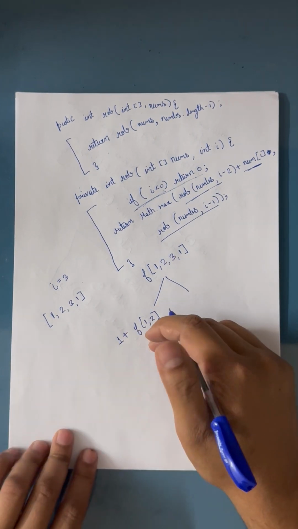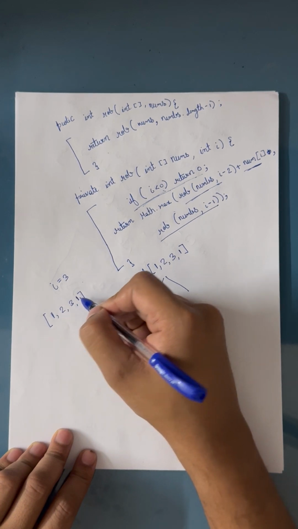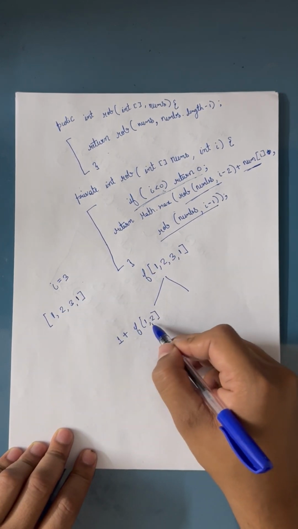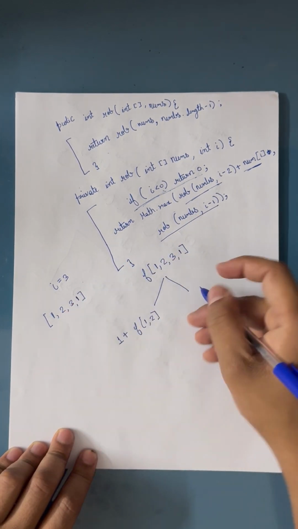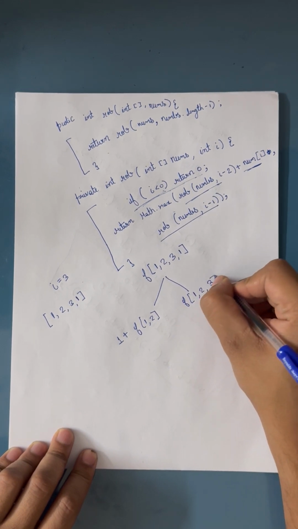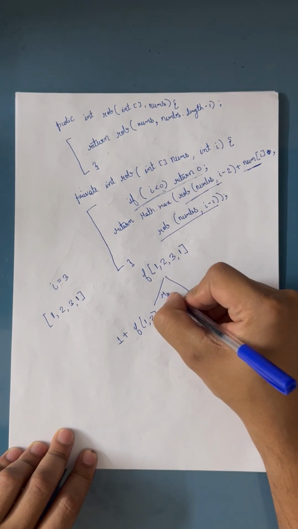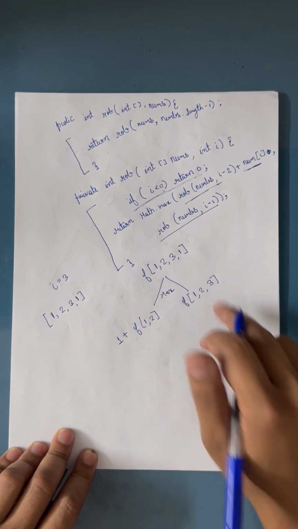Either you take 1, and then you can't take 3, so you have f of 1 or 2. If you don't take 1, then you have f of 1 2 3, the remaining. Whatever is the max of these two will be the answer.